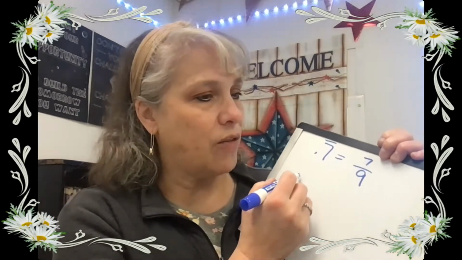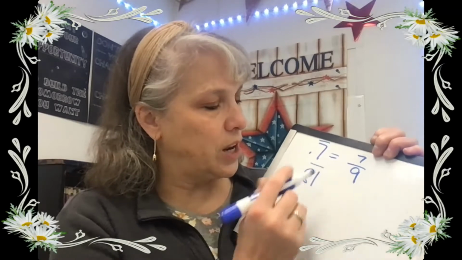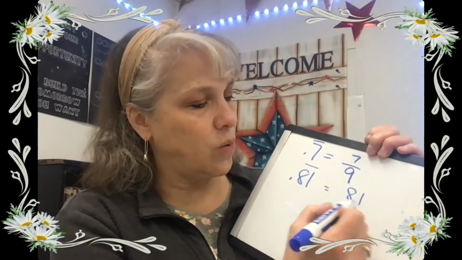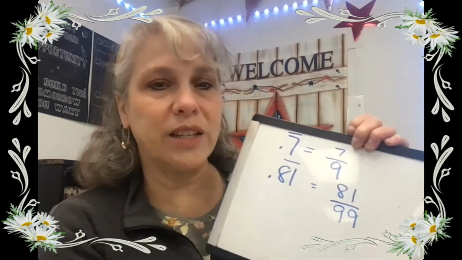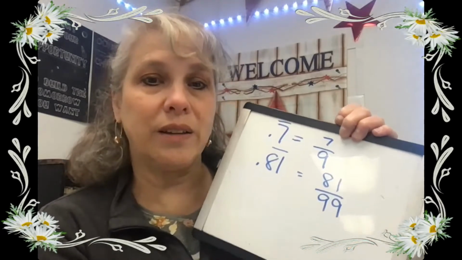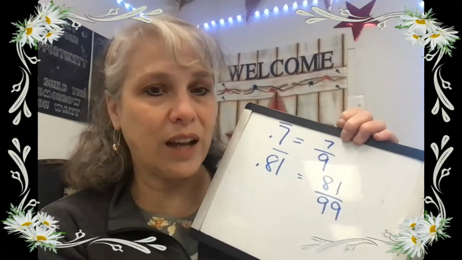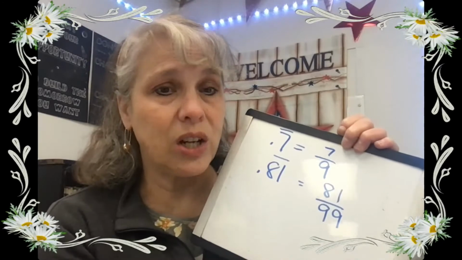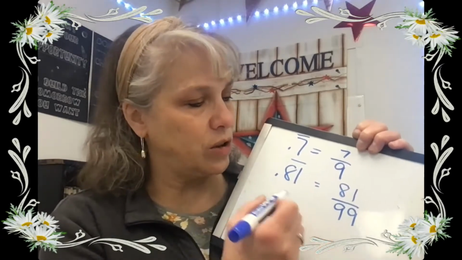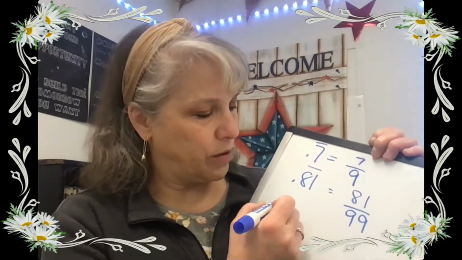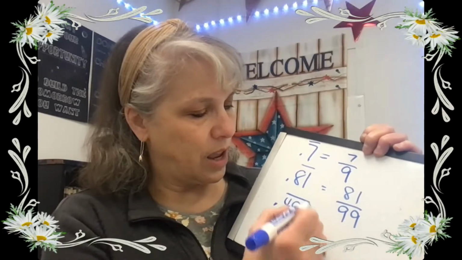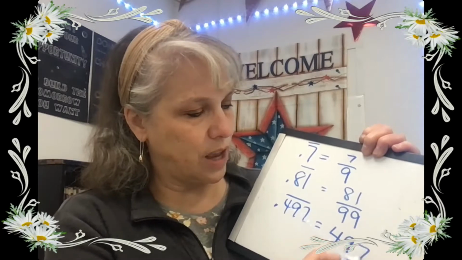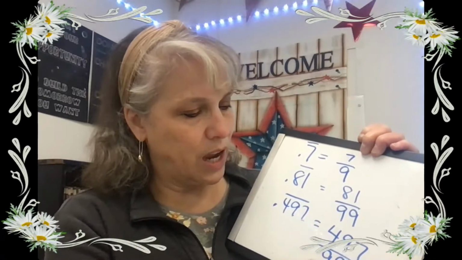Okay. If I have 0.81 repeating, this is 2 digits. So I'm going to say that's 81 over 99. And it's kind of like an approximate answer. It's not exact because it's a repeating decimal, so you can't ever really get an exact answer. So if there are 3 digits, for example, if I had 0.497 repeating, I would just say it's 497 over 999.